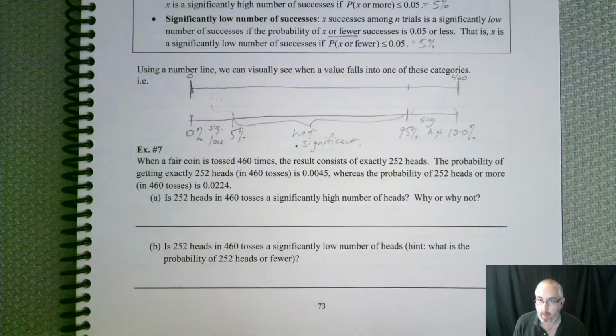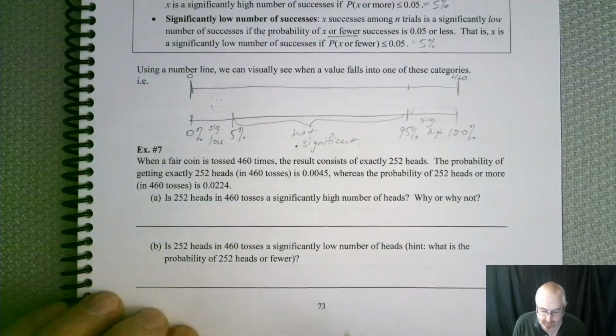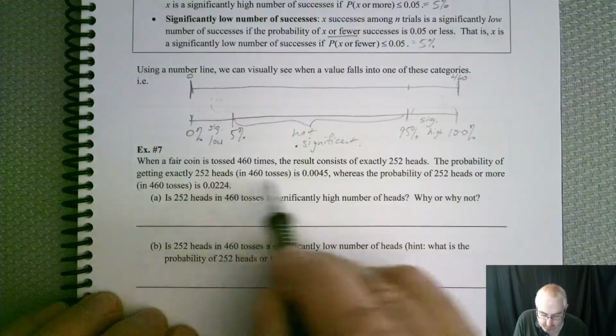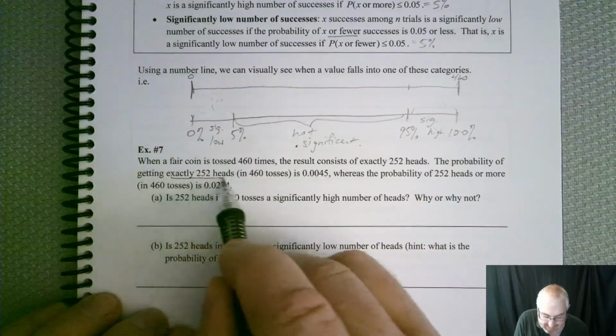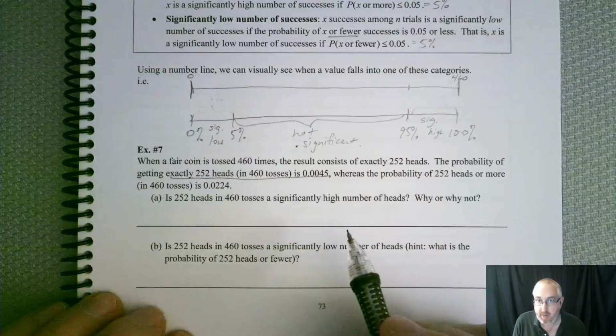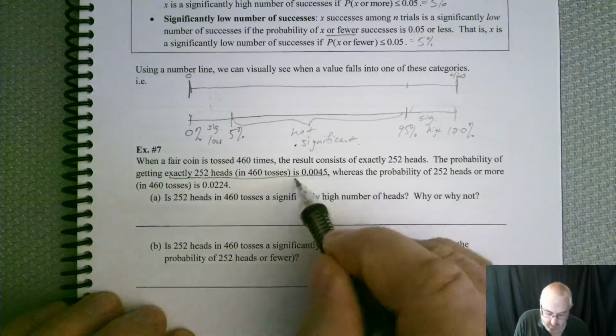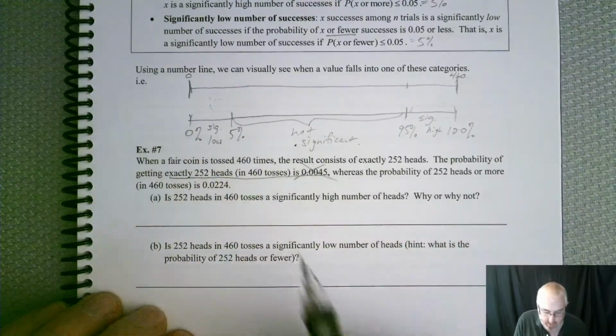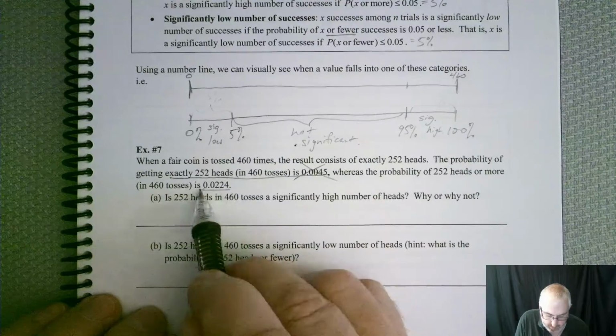That's what they want to know. And you can determine that not based off of this individual probability. Again, exactly this is that. We can't use that information if we're looking at significance. So this is garbage. But we can use this information.